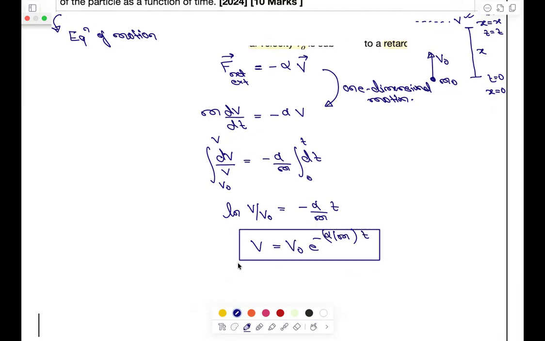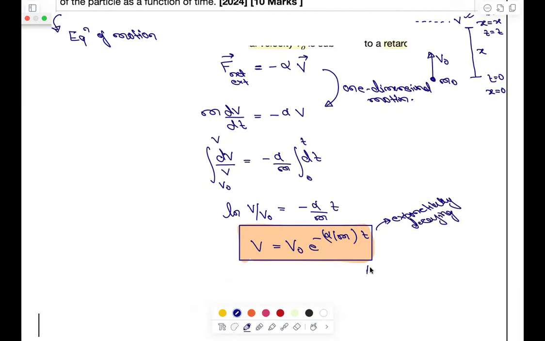Now again, I have told you that we are not going into the details of interpretation, but from the result itself you can understand that it is exponentially decaying. These things you can write in your interpretation, in the conclusion after writing the answer.